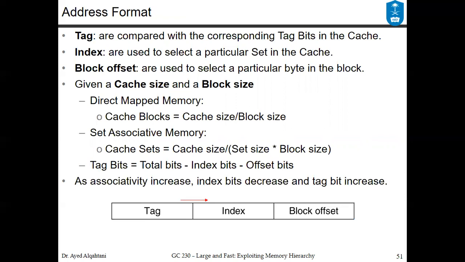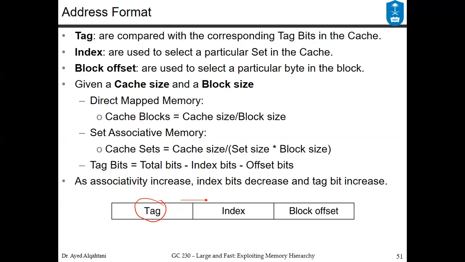So now we will check the address format, taking into consideration that now we have the other type of caches, which is the set associative caches. To understand this, we are repeating what we've seen before: the tag is compared with the corresponding tag bits in the cache. So we have a tag in the address that you want to look for, or want to access.